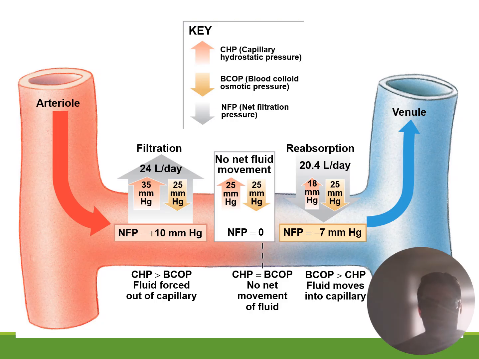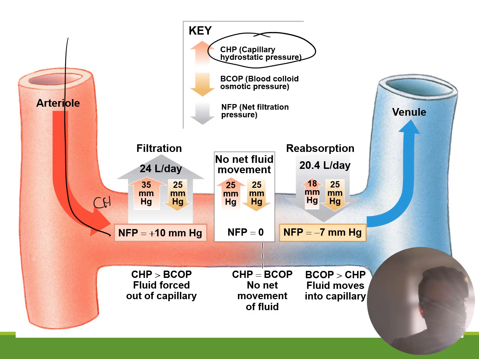This picture shows it a lot better than what I was drawing. However, the key concepts remain. We have the arterial feeding into this capillary bed. We have the net filtration pressure, which means that we have capillary hydrostatic pressure. The pressure that is coming in, hydrostatic pressure, which is this one, let's assume it's 35.